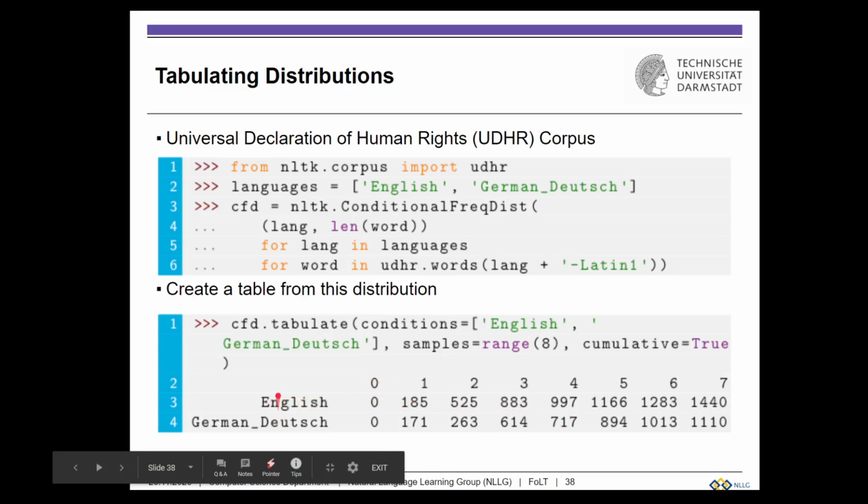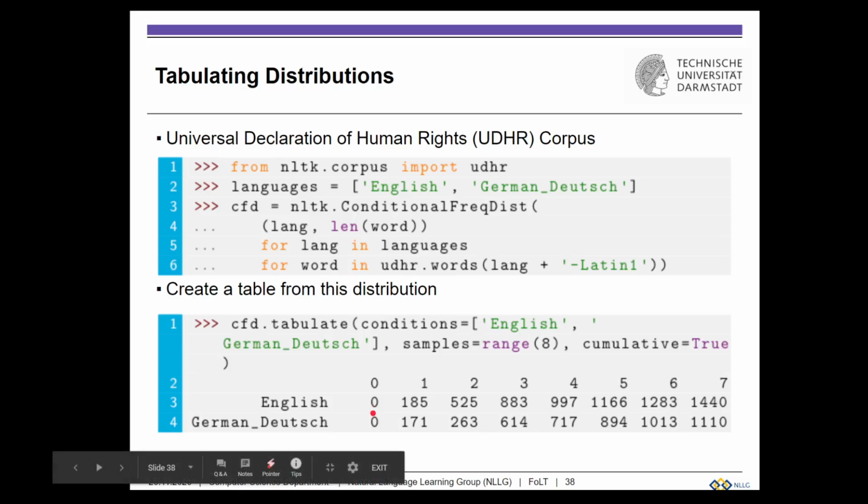So we have the two languages, these are our conditions up here, English and German. And then we have 8 different events, given here by the samples, range 8. What we are showing here is how many words are of length 0 in English and German. Well, there are 0 such events, right?